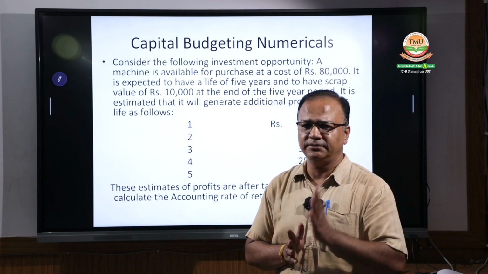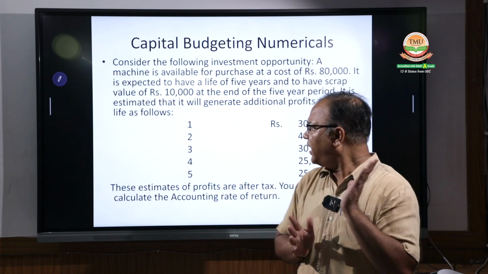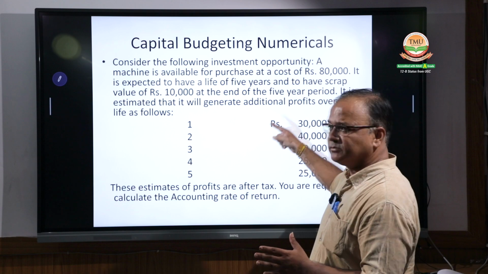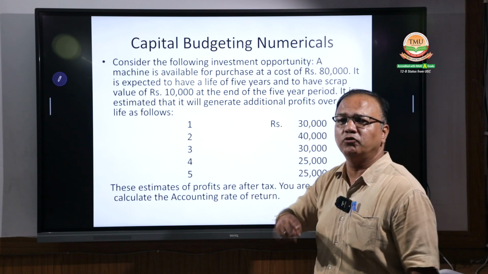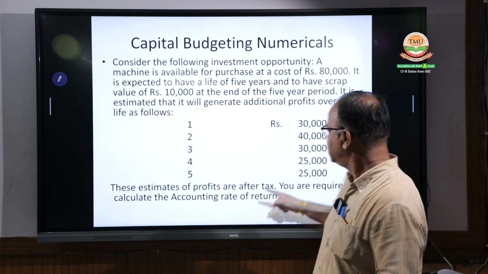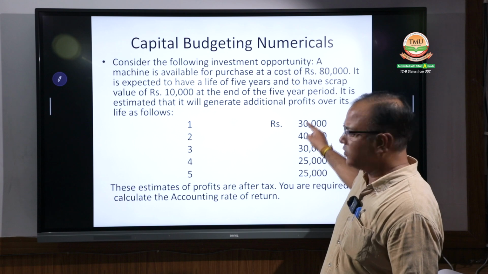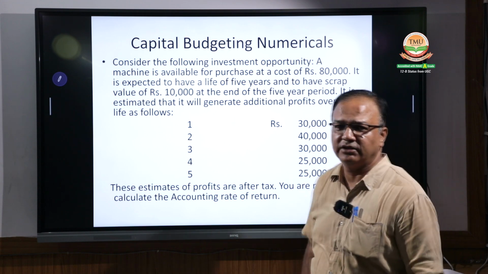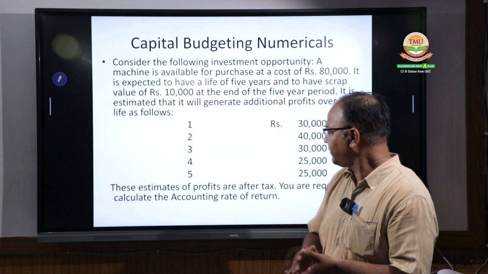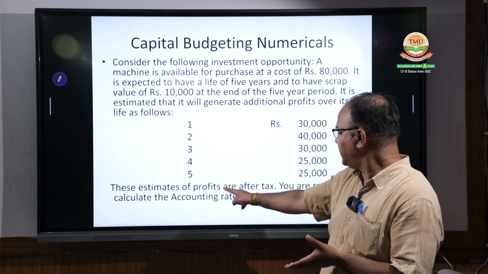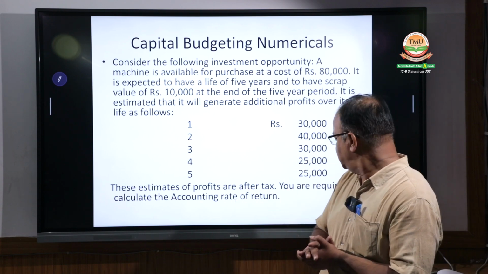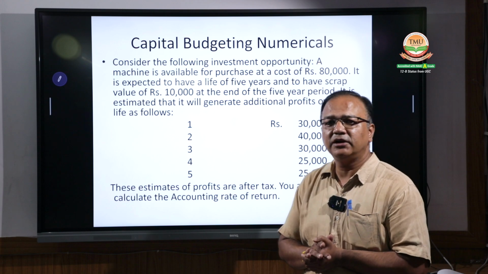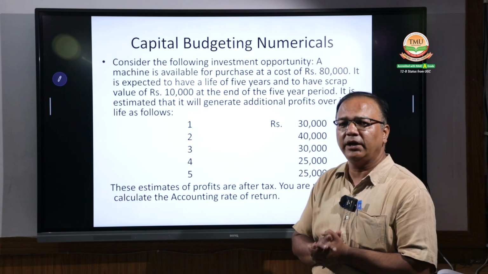After that, if you use this machinery, the profit after tax will be as follows: 30,000, 40,000, 30,000, 25,000, 25,000. And you are required to calculate the accounting rate of return.